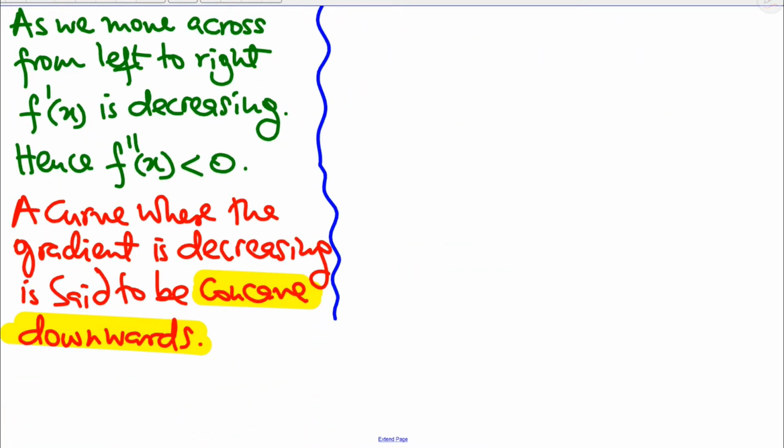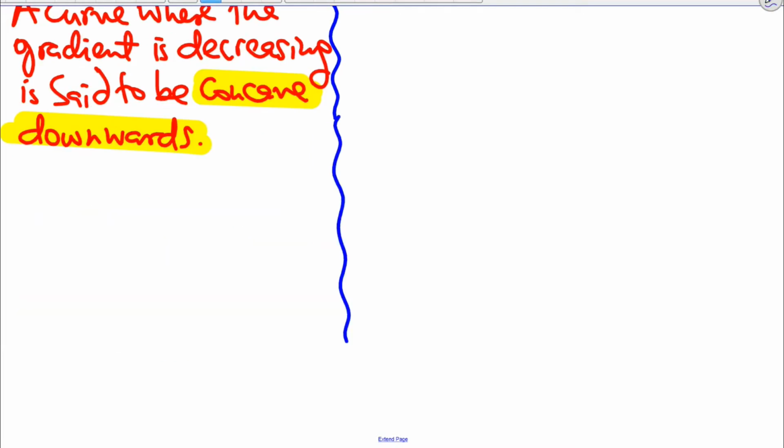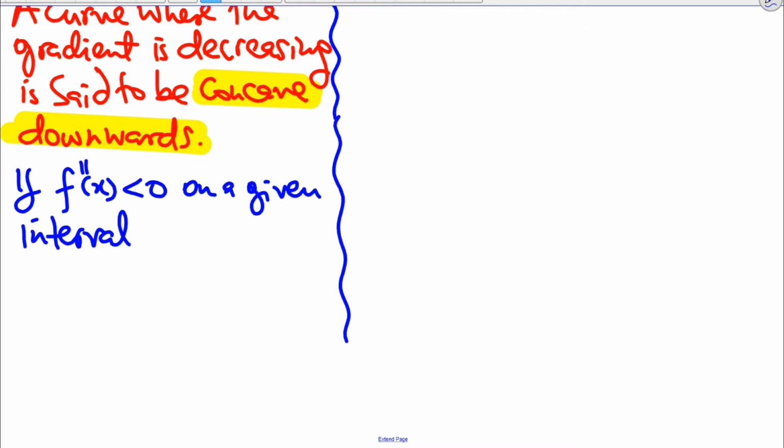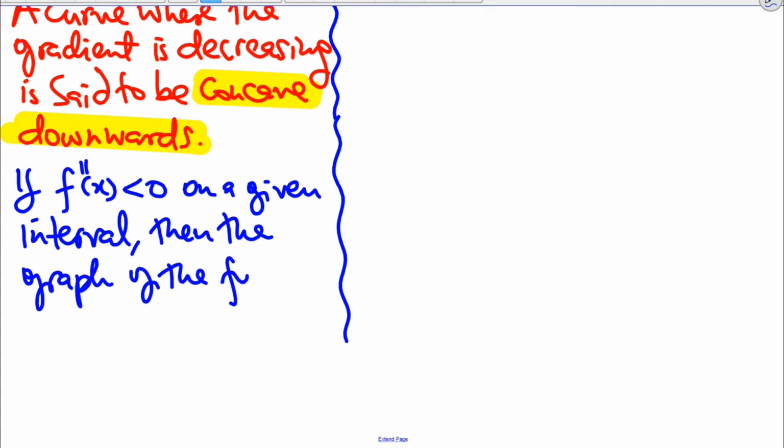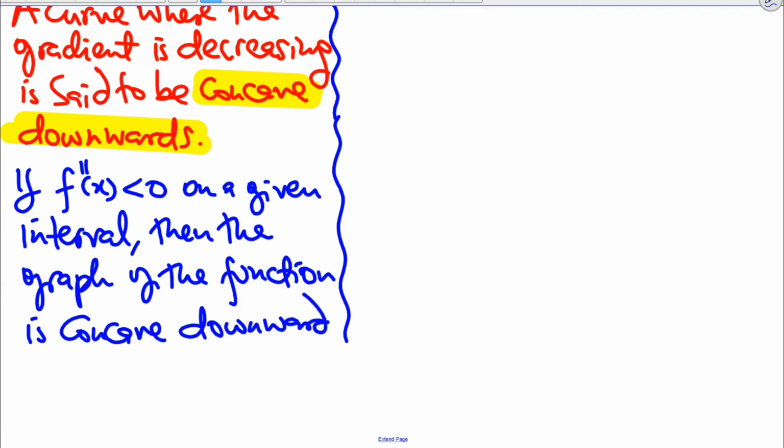So we can generalize and say that if the second derivative is less than 0 on a given interval, then the graph of the function is concave downward on that interval.